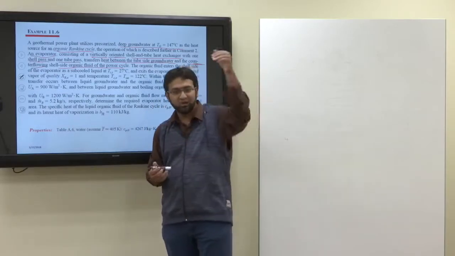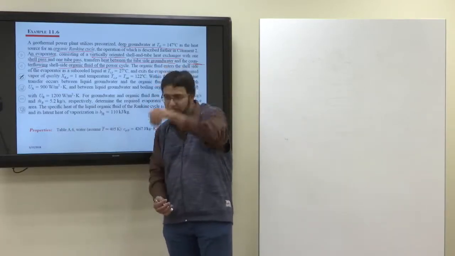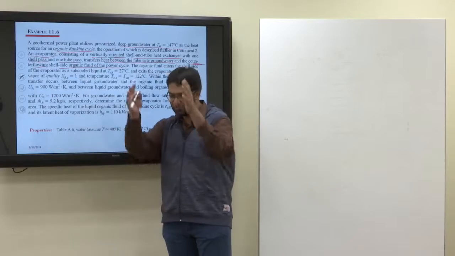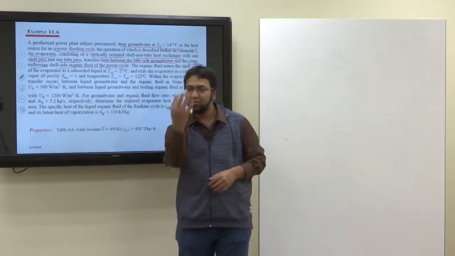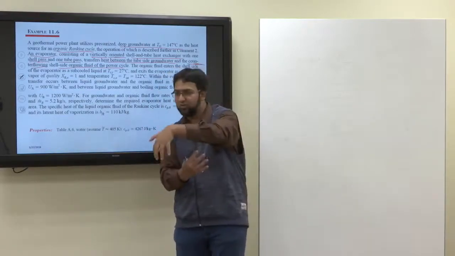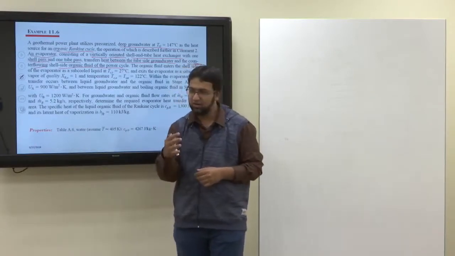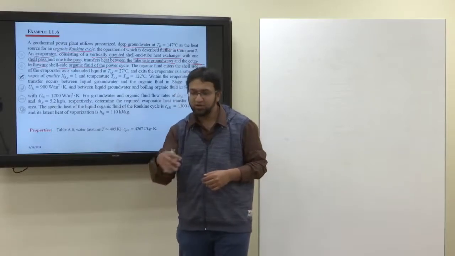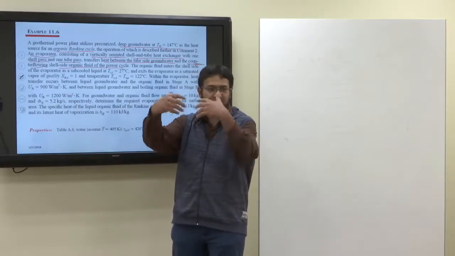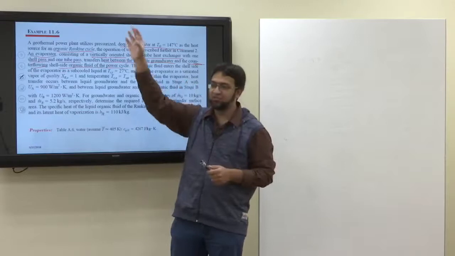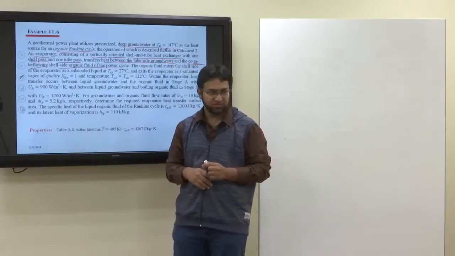In the tube side, you have the groundwater flowing counterflow. Since it is vertical, the shell side fluid is moving up and the ground side fluid is moving down. The ground side fluid is inside the tube, the shell side fluid is inside the shell, and while moving up it boils and comes out as gas. It's clear?